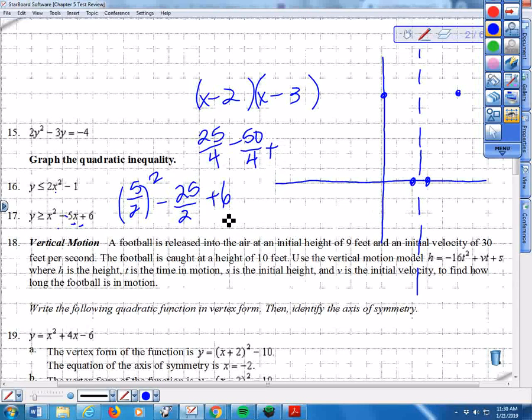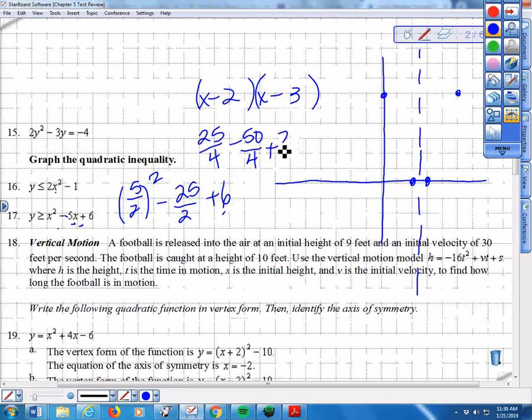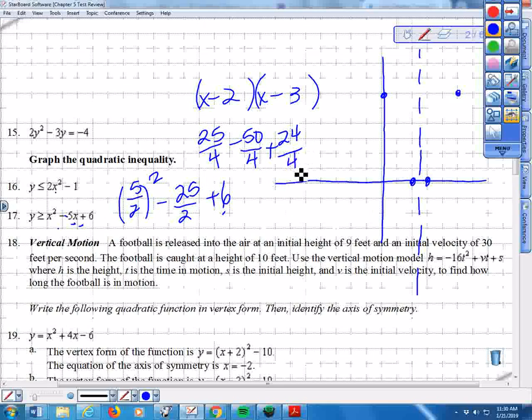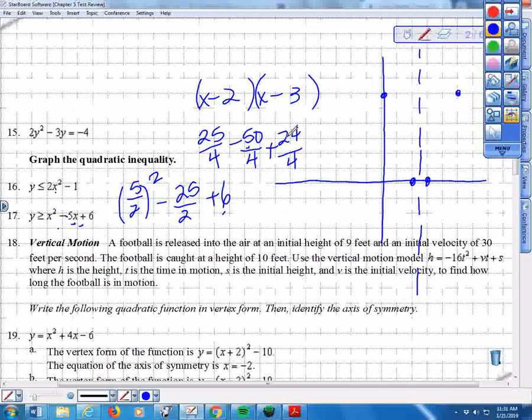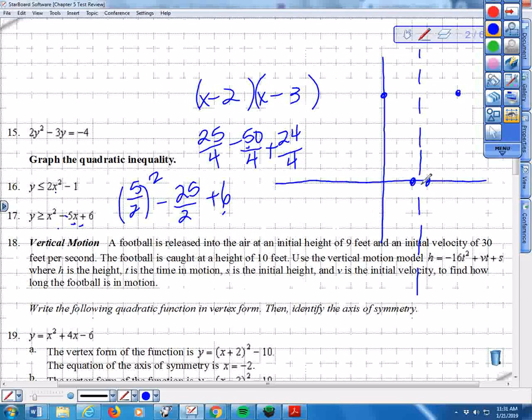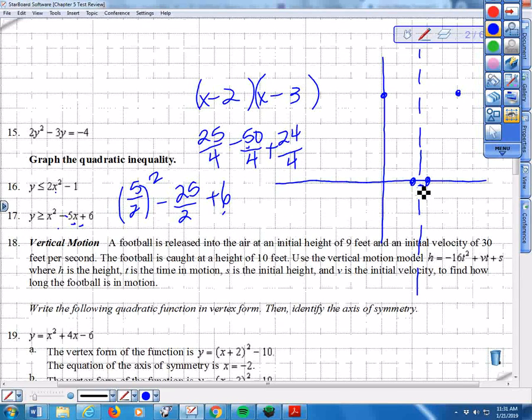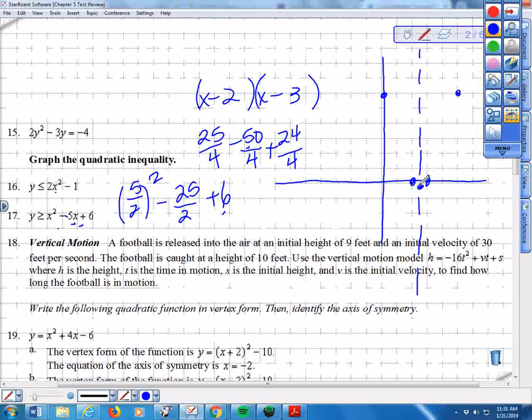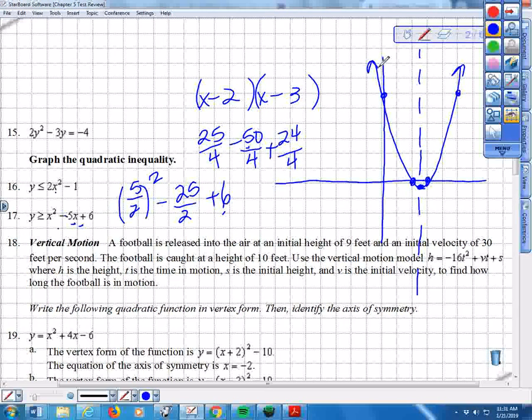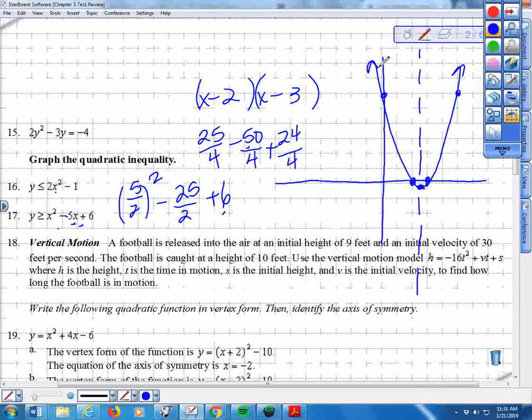To get this into fourths, I have to multiply this by 4. 25 minus 50 is negative 25. Plus 24 is negative 1. So it's negative 1/4. That sits right here on the axis of symmetry. And now I can graph it. I can use 0, 0. So I'm going to plug in 0.